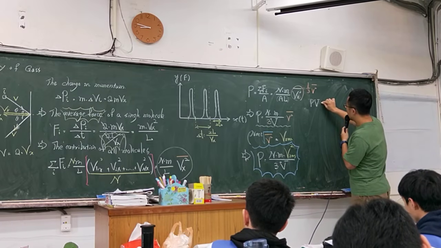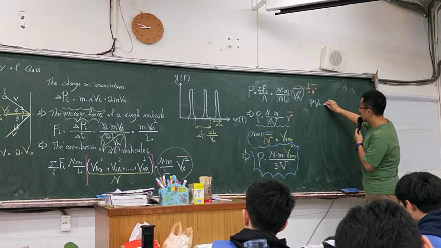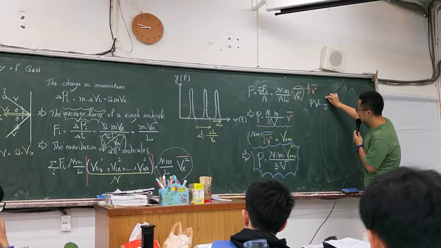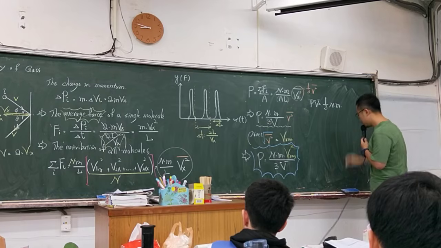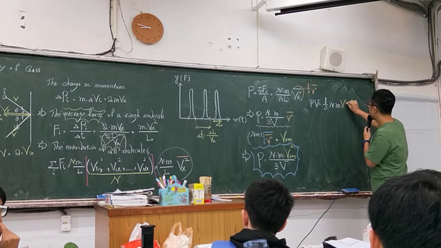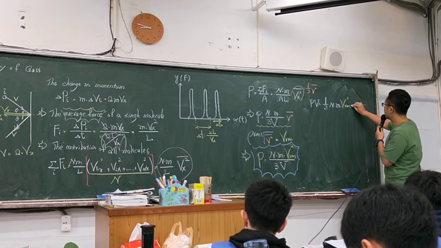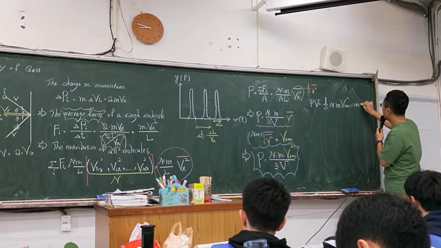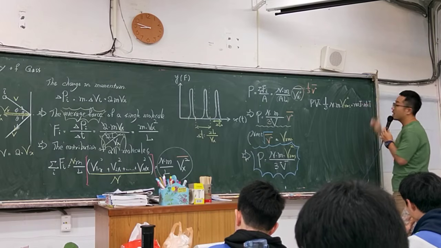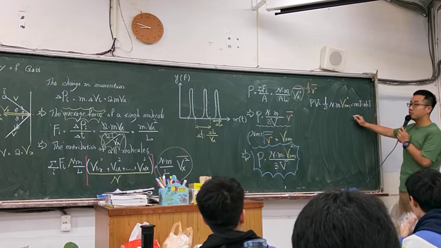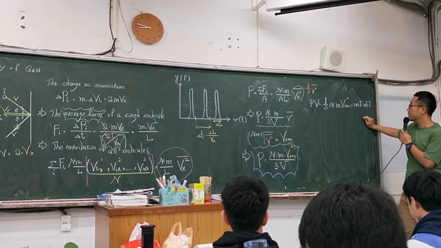The PV is now equal to 1/3 N times m times VRMS squared. It is also equal to nRT and NkT. And k means the Boltzmann constant, 1.38 times 10 to the power of minus 23.